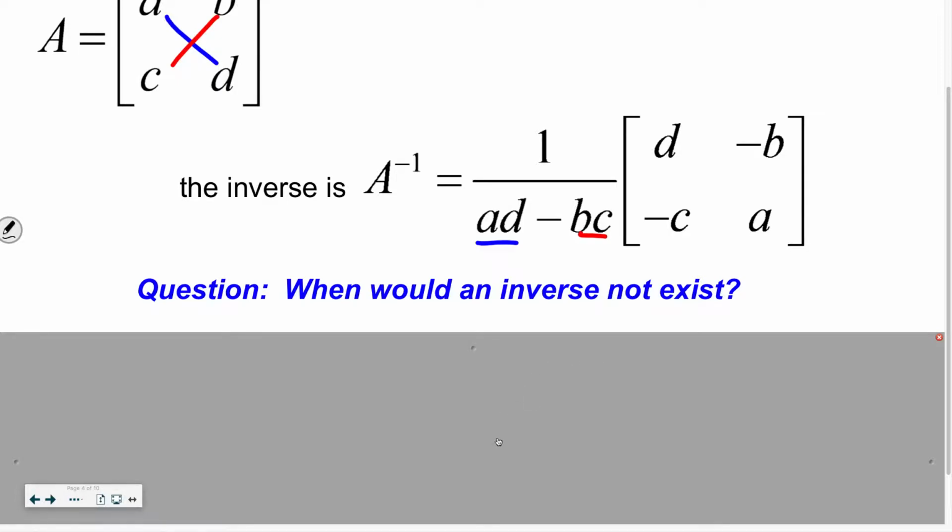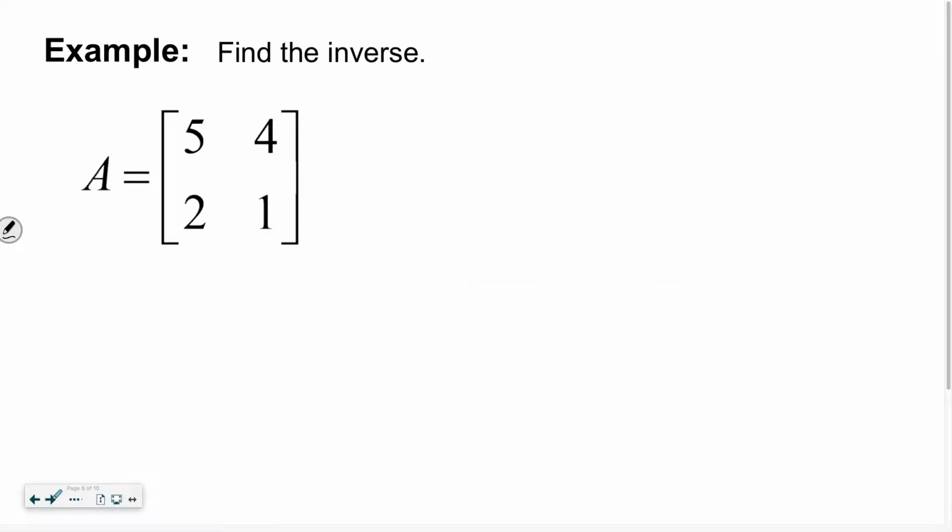Okay, excellent. So let's practice finding an inverse for the matrix A, 5, 4, and 2, 1. I'm going to show all my work because these are my notes, so I want to be able to look at this later and know where my numbers came from.